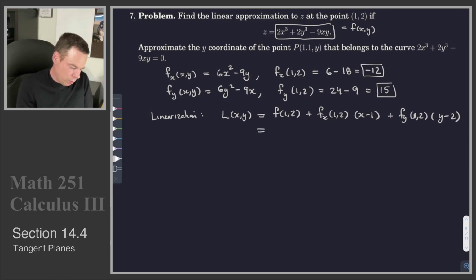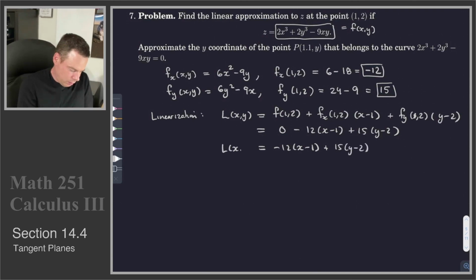F of (1, 2): we plug (1, 2) into our function f, and we get 2 plus 16, so that's 18, minus 18, so that's 0. Then I get negative 12 times (x minus 1), plus 15 times (y minus 2).